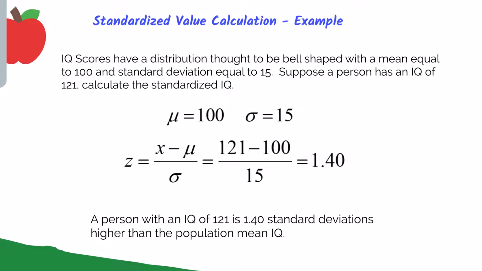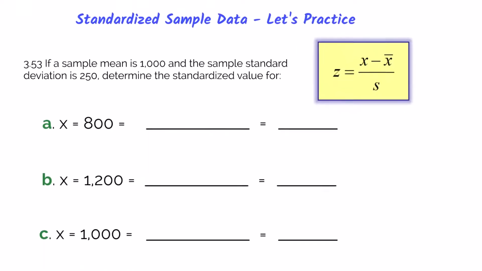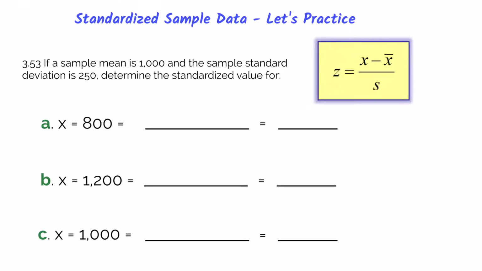So let's do some more practice. In question 3.53 from the textbook, you'll notice in this problem we're talking about samples, but the process is the same. We will take each of our x values minus the mean and divide by our standard deviation to get our z-scores. In this example, our sample mean is 1,000 and the sample standard deviation is 250.